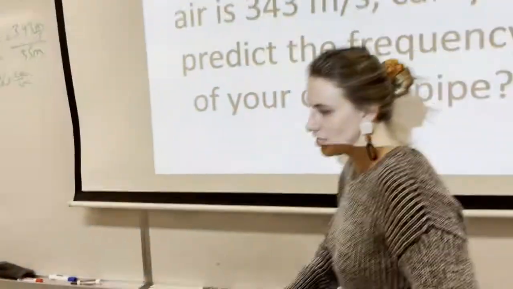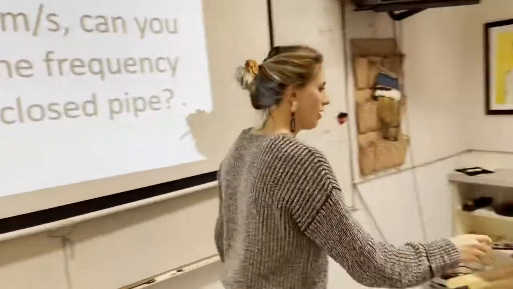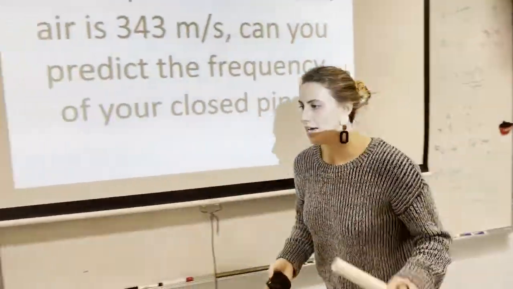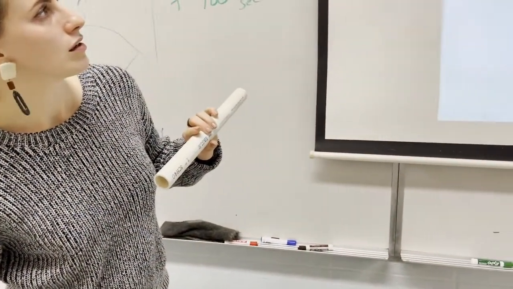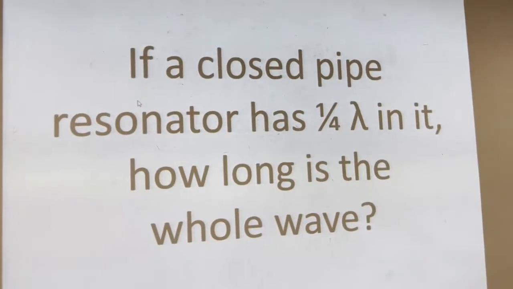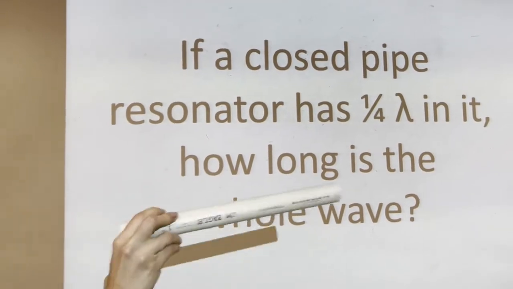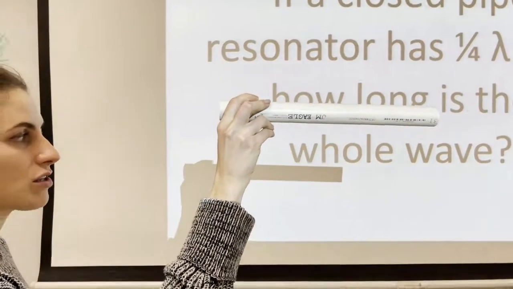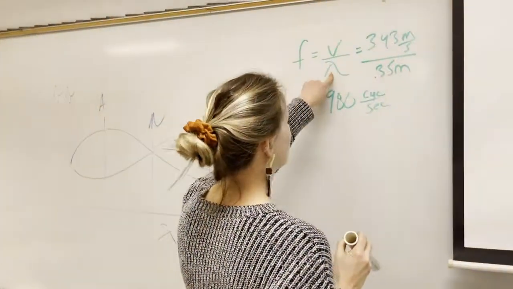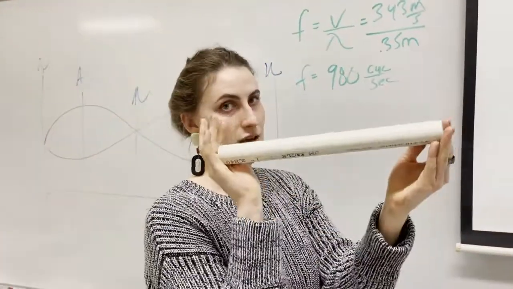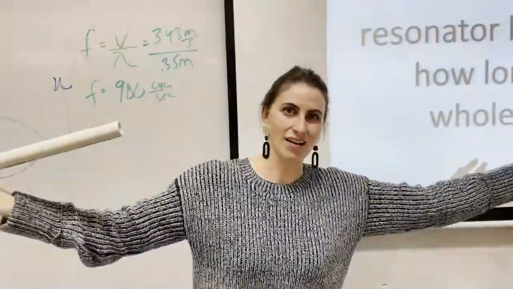If a closed pipe resonator has a quarter of a wavelength in it, how long is the whole wave? So what mistake did we make? We said that the whole wavelength was just this length, but it's really 4 times that. 4 times as long.